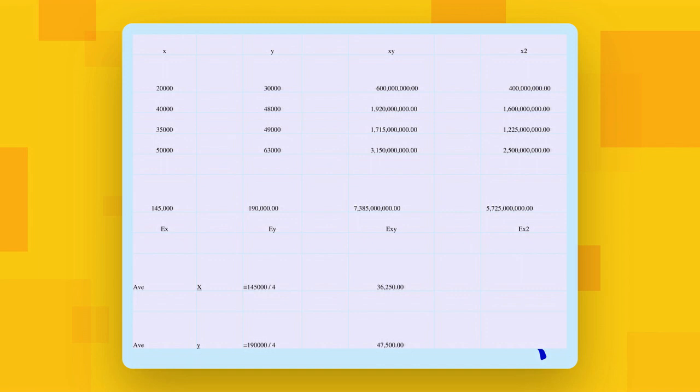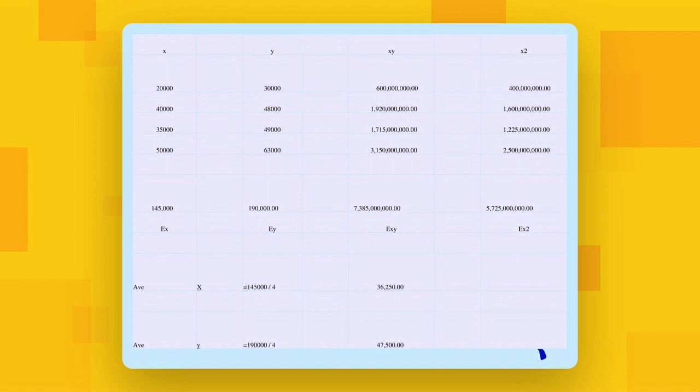That would be 400 million, 1.6 billion, 1.2 billion, and 2.5 billion. Just add all and you have your summation of X squared, which is 5.7 billion.